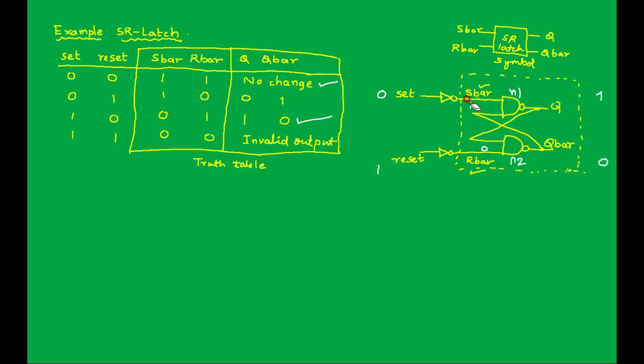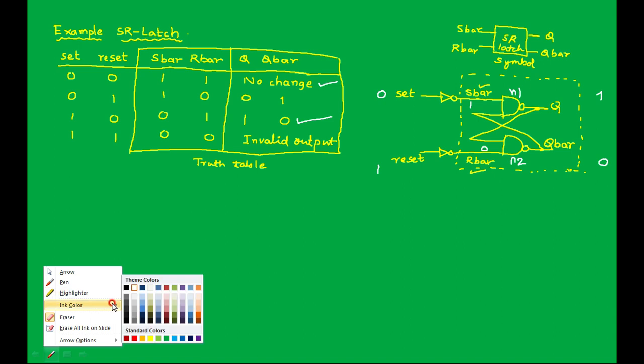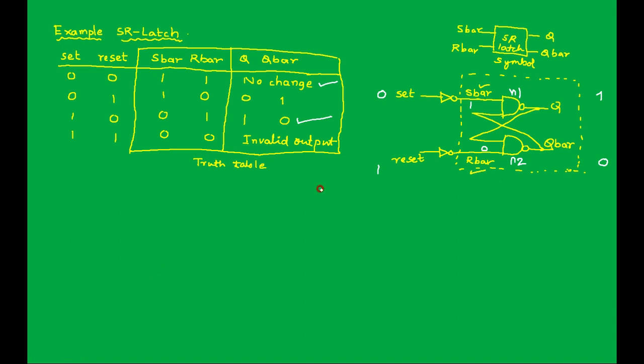We are analyzing with this combination of values. Say Q is 1, Q bar is 0, and set value is 0, reset is 1. S bar will be 1, R bar will be 0. In this case, we need to calculate the values of Q and Q bar.